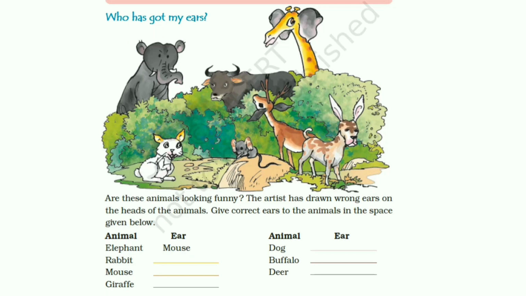So, for example, the elephant has ears of a mouse. Similarly, the rabbit has, where is the rabbit?